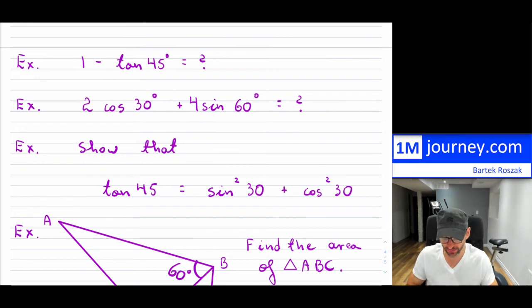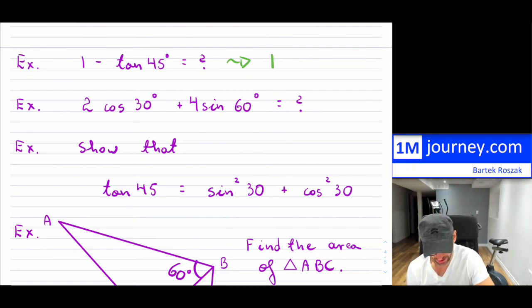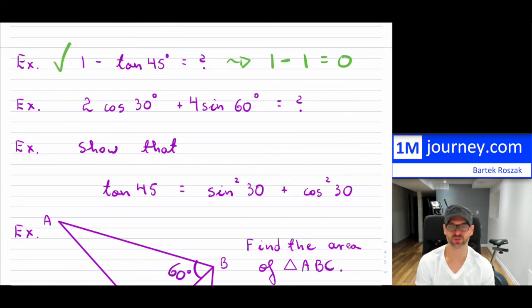For example, if you are given 1 minus the tangent of 45 degrees, the tangent was the opposite over adjacent, and the sides were equal to 1. So this is 1 minus 1, which equals 0. You can very quickly just substitute and find the answers.